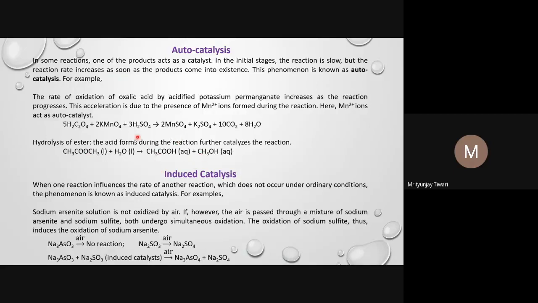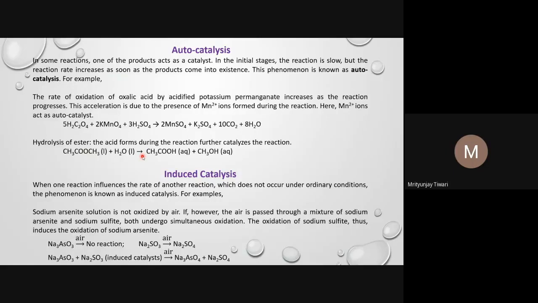And so this process is also an autocatalytic process, and the catalyst here is the acetic acid that is formed during the reaction. So these are the examples of autocatalysis, meaning one of the products acts as a catalyst during the reaction, and whenever you see such examples, you can say this phenomenon is autocatalysis, and the product is acting as an autocatalyst.